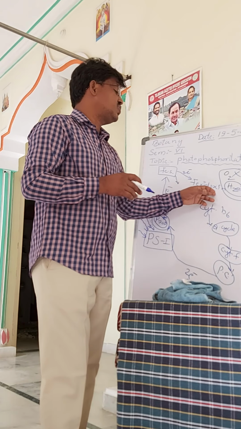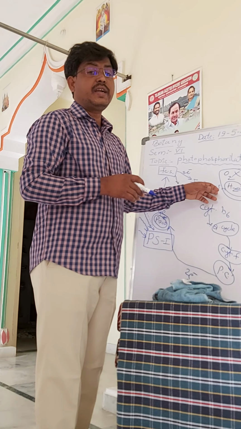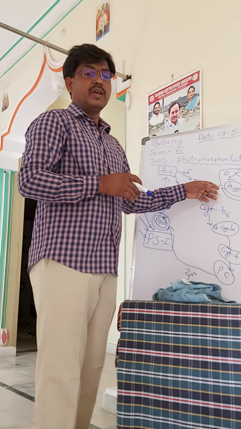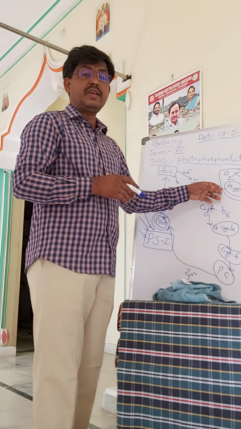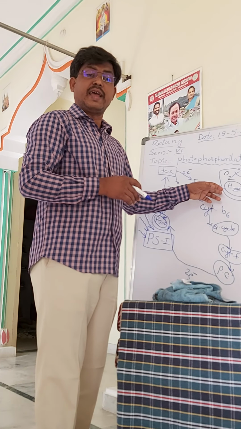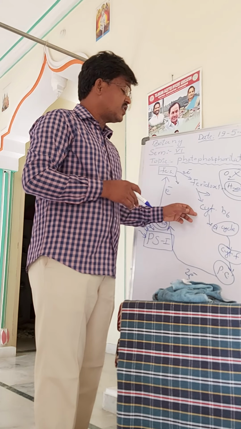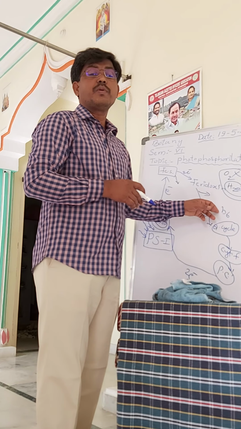Actually, these electrons should be utilized to oxidize NAD and FAD. So when the NAD and FAD are zero in the chloroplast stroma, at that time these electrons are transported to the cytochrome complex.